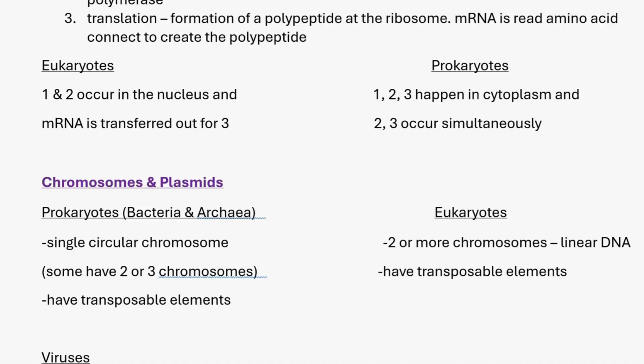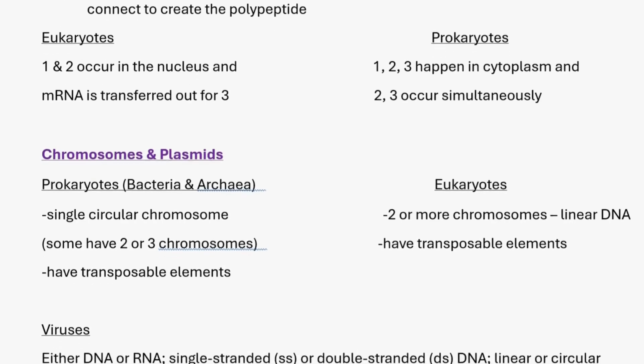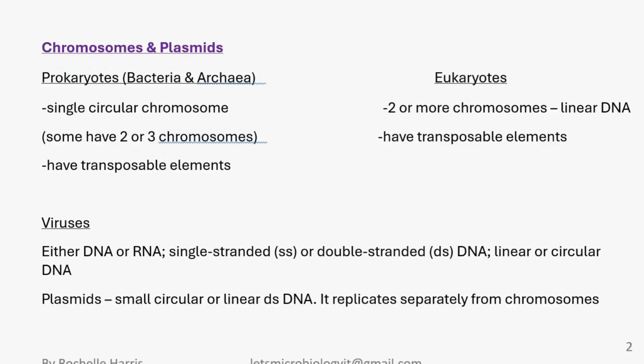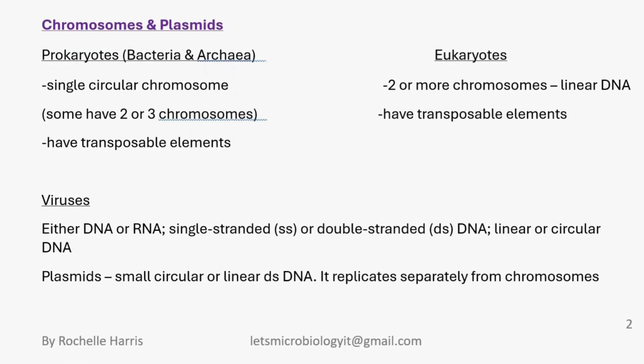Both prokaryotic and eukaryotic cells contain chromosomes, but they differ structurally. Prokaryotic chromosomes are typically single and circular, though some species may possess two or three chromosomes. Eukaryotic chromosomes are linear and exist in multiple copies.